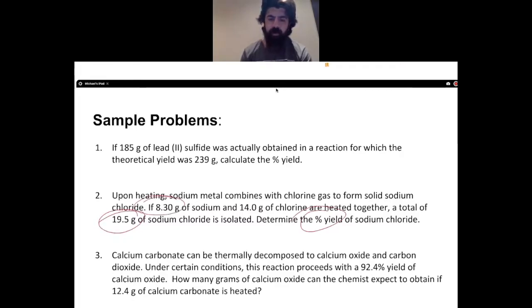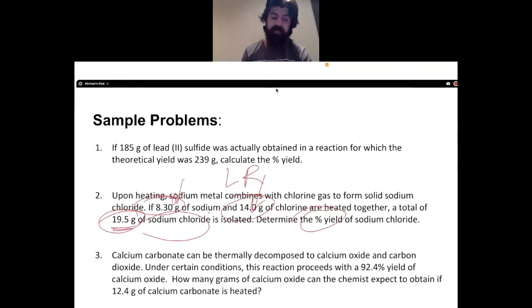Well, when we're putting together this equation, this is the mass of one of the reactants, and this is the mass of the other reactant. Hint, hint, this is a limiting reactant question, because I'm going to have two masses and I'm going to be asked to find really sodium chloride.